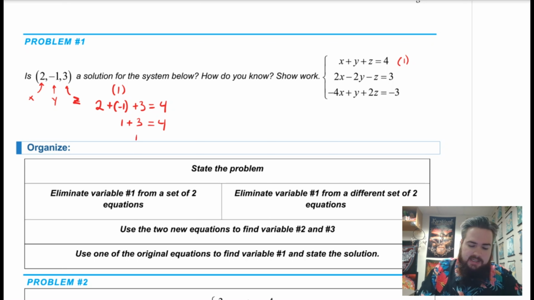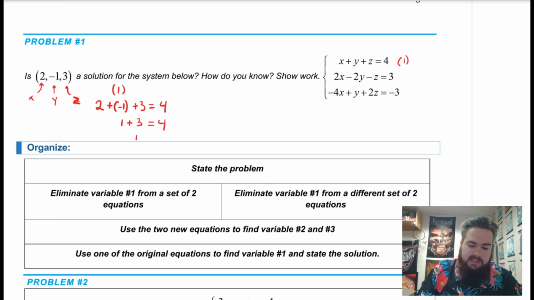We do that, -4 times 2 is -8, plus a -1 is also -1, and then plus 2 times 3 is plus 6. We combine those together, and what we then get is -3 equals -3.